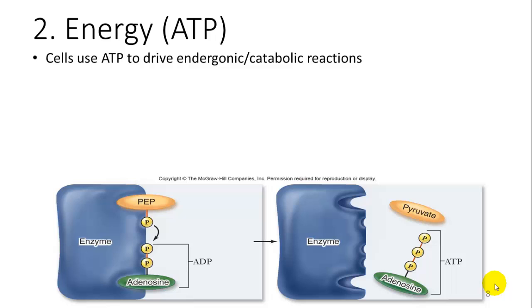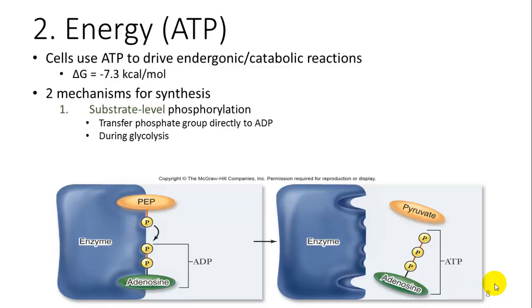So again, ATP is the energy molecule, which has 7.3 kilocalories per mole of free energy. And there are two mechanisms for synthesis. One is substrate level phosphorylation, where you transfer a phosphate group directly to ADP.